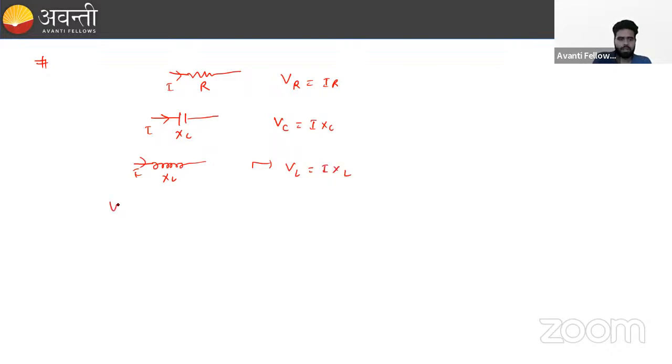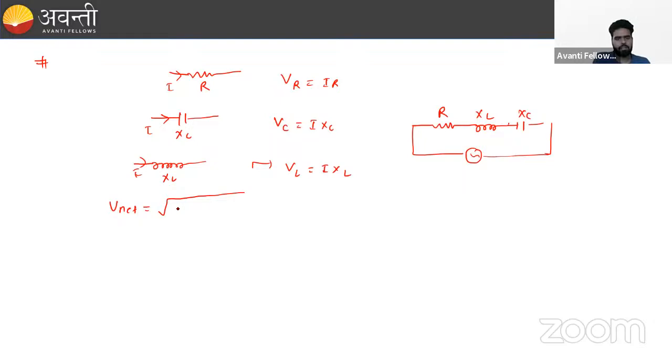Correct. So here, if a series LCR circuit is given, this is our series LCR circuit, this is our R, XL and XC, right? So we can say V net can be written as the square root of VR square plus (VL minus VC) whole square.